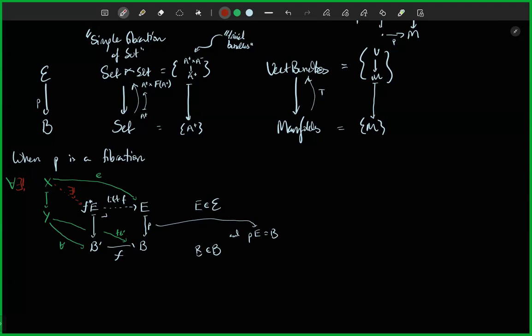And if you've seen the universal property of the pullback before, you can recognize this as a form of the pullback universal property. Okay, so that's what it means to be a fibration.